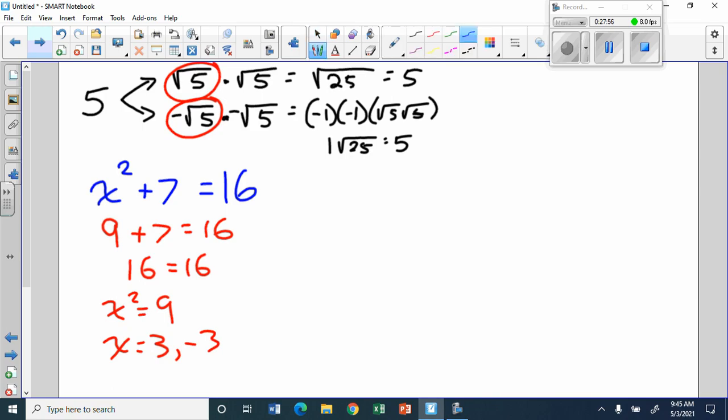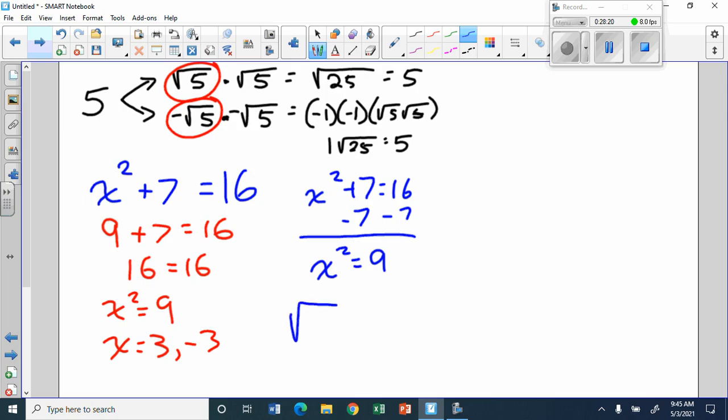So if we came over here and did the math, x squared plus 7 equals 16, and we subtract 7, we get x squared equals 9. Seeing the squared makes me think, what 2 numbers can I get? Now we would show that work. It's inverse again. I undo this by doing the square root, and I always put a plus or minus.